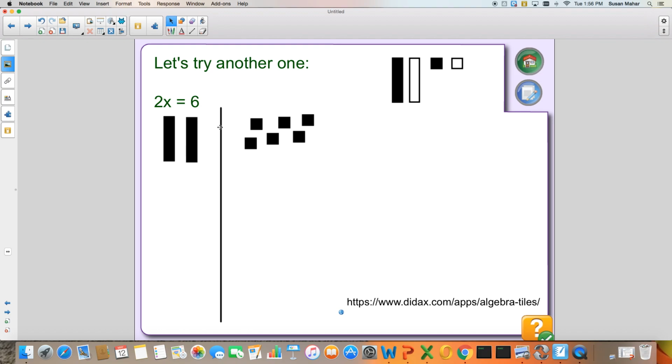Okay, I'm going to draw my wavy line. And I'm going to write 2x equals 6. Then I'm going to divide.